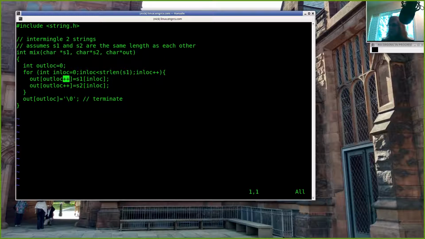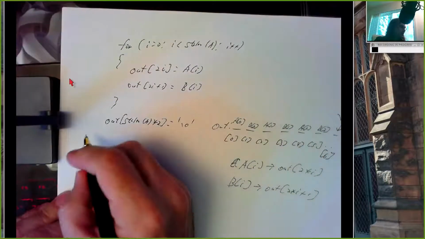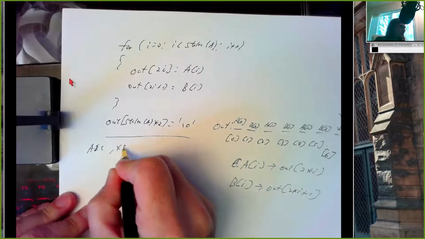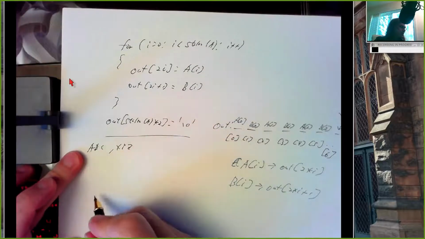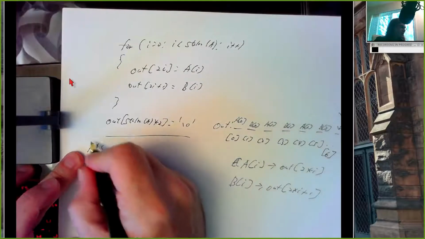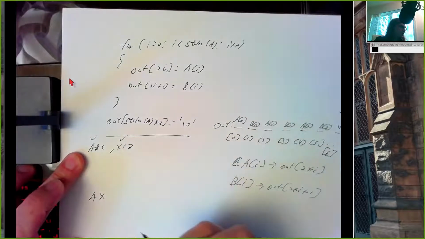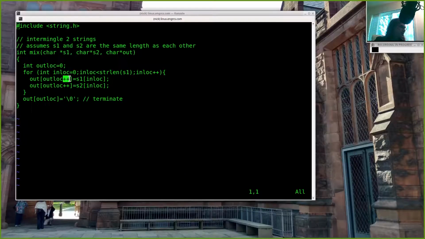And this is perhaps closer to the spirit of, if we're trying to interleave the strings A, B, C, and X, Y, Z, okay, take the first character from here, add that to your output. Take the first character here, add that to the next position in your output.